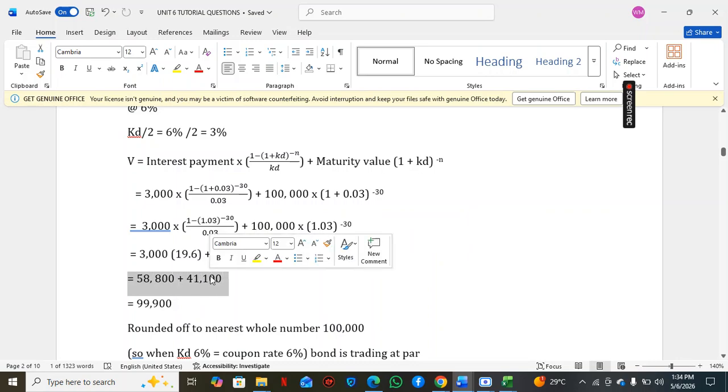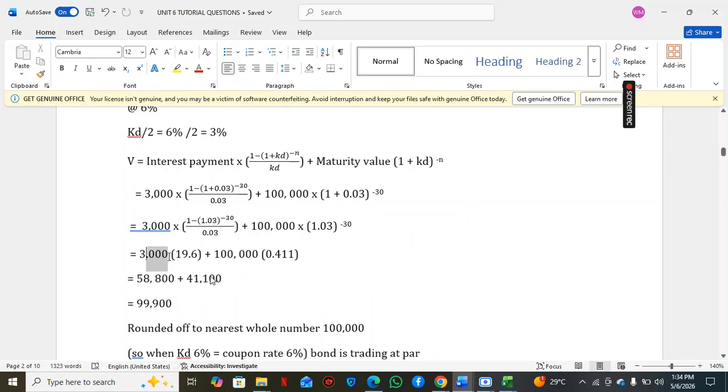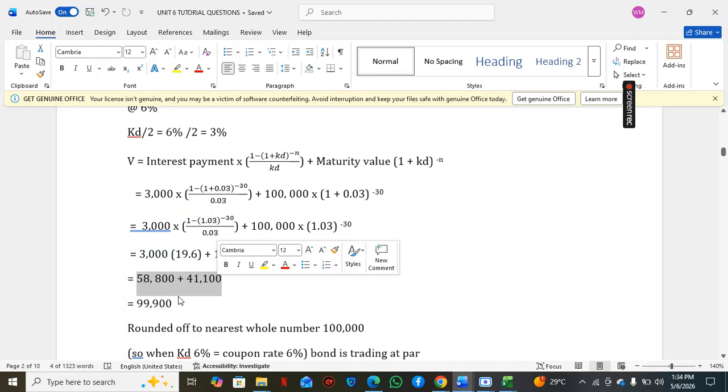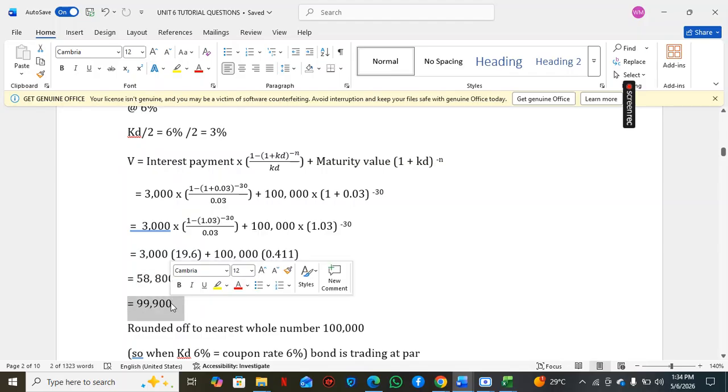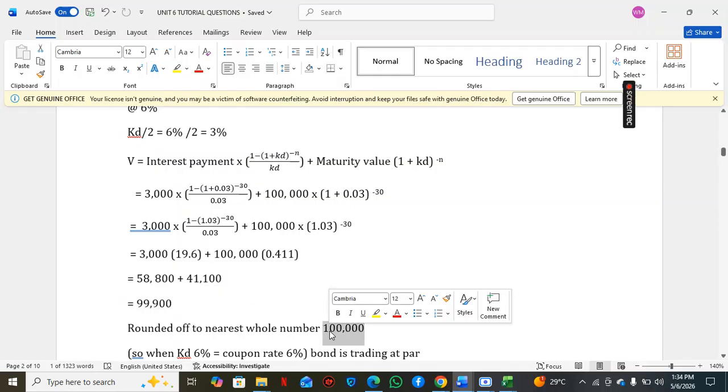When we multiply 3,000 times 19.6, 58,800. 100,000 times 0.411, 41,100. 58,800 plus 41,100, you get 99,900. Okay, which can be rounded off to 100,000.